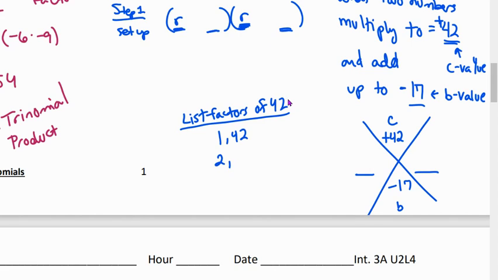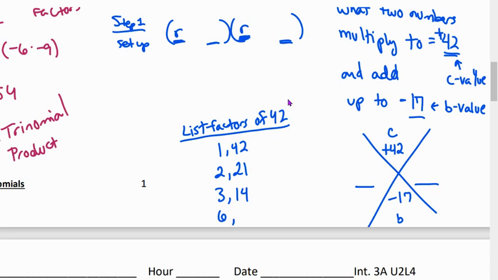Yes, it's even. And you get 21. Then go to 3. Can you divide 42 by 3? Actually, yes. You get 14. It cannot be divided by 4 or 5, but it can be divided by 6, which gives you 7. So these are all the factors of 42.